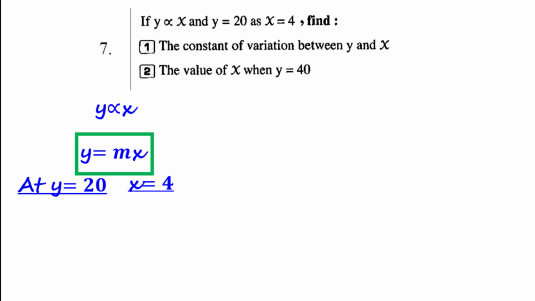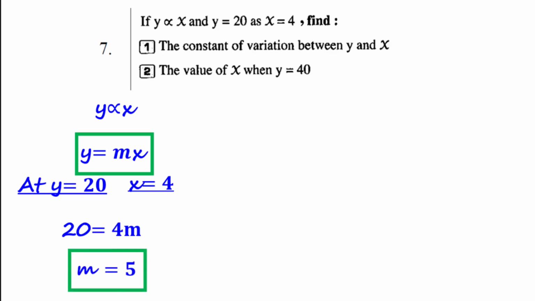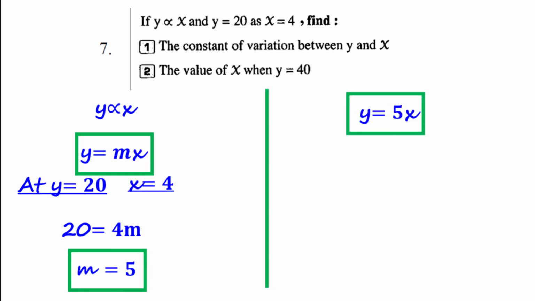Now substitute in the relation. We have here 20 equals 4m. Now m equals what? 20 divided by 4 equals 5. Now substitute in the relation. We can write here the relation as y equals 5x. So we can here cancel m and write 5 because its value equals 5. Pay attention. This is called the relation between y and x.